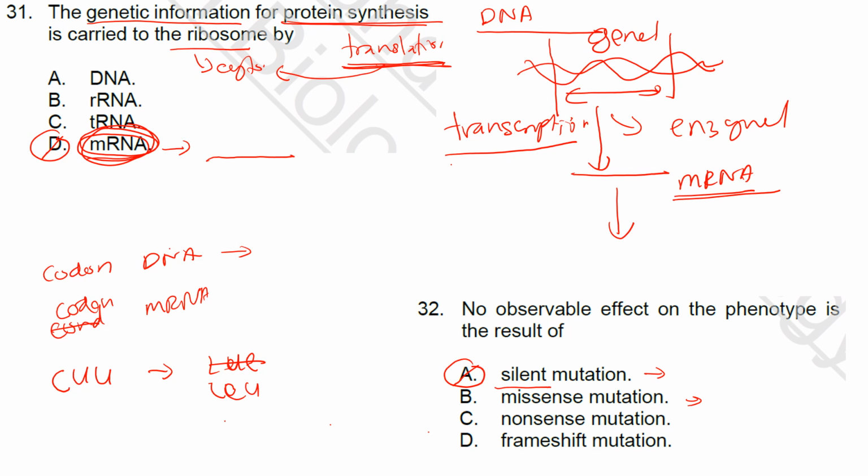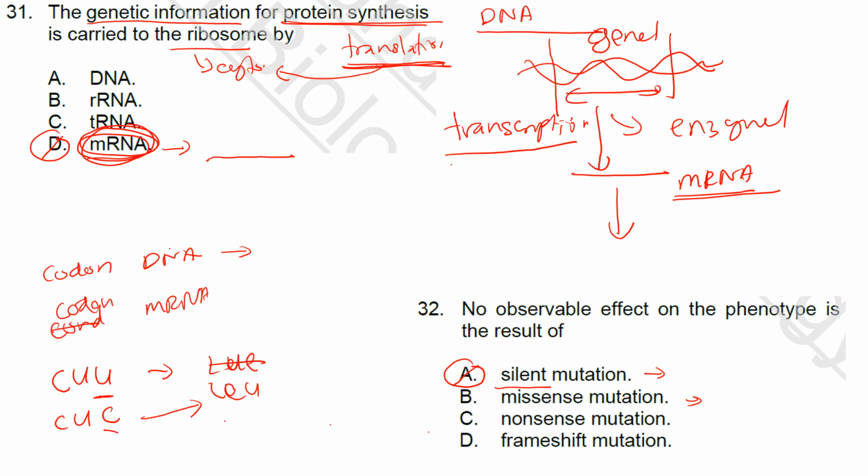If the third base changes to, for example, a C instead of U, it reads CUC, and it still codes for the same amino acid.